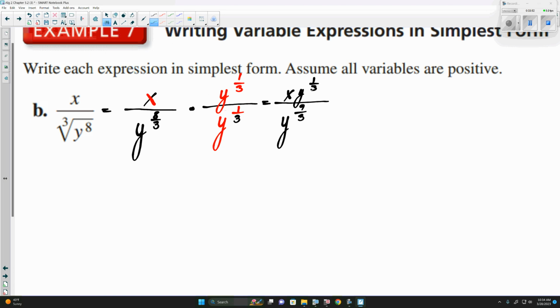Now, since the numerator, x and y, are not like bases, we just multiply them together. In the denominator, 9/3 is the same as 3. 9 divided by 3 is 3. Do we have any more fractional exponents in the denominator? No, which means we don't have any more radicals in the denominator.